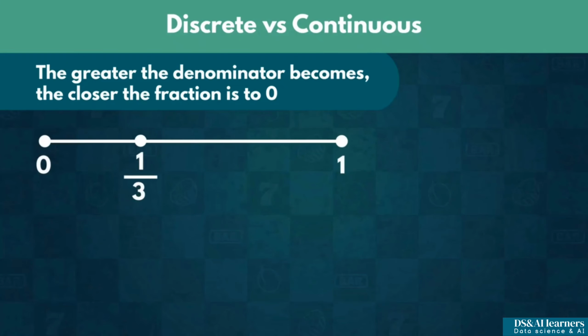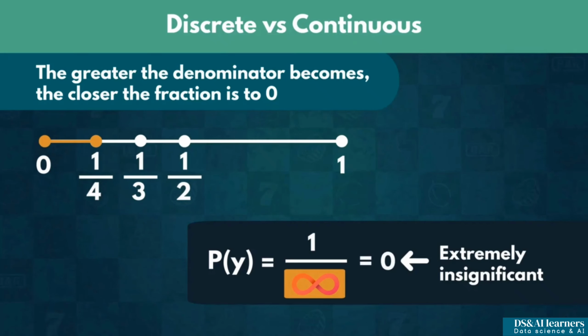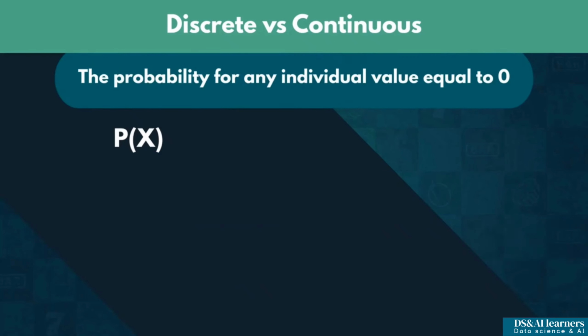For reference, 1/3 is closer to 0 than a half, and 1/4 is closer to 0 than either of them. Since the denominator of the favored over all formula would be so big, it is commonly accepted that such probabilities are extremely insignificant. In fact, we assume their likelihood of occurring to be essentially 0. Thus, it is accepted that the probability for any individual value from a continuous distribution is equal to 0.